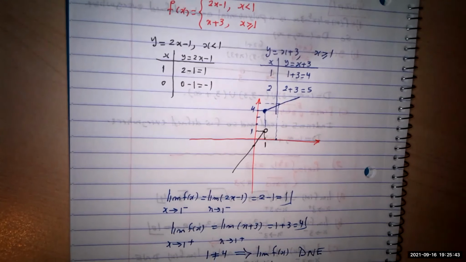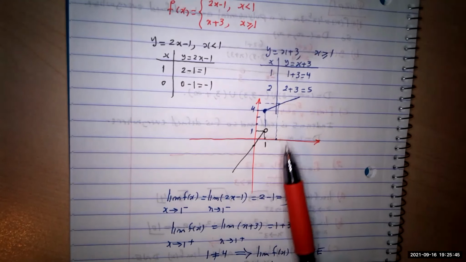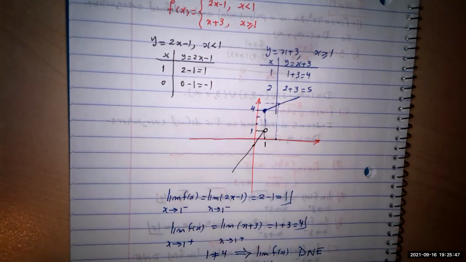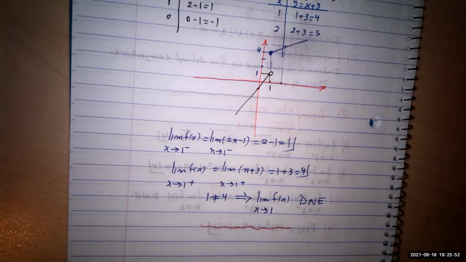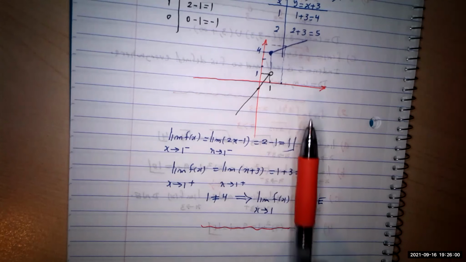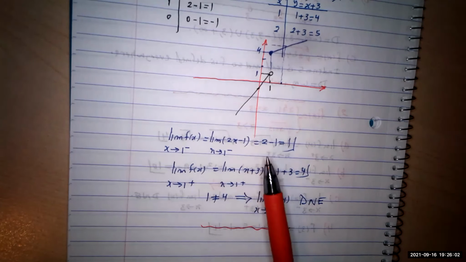They ask for the limit when x goes to 1. You see, because it's a two-portion function, you have to check the right and the left limits. Okay, that's one. Some of you didn't check it. You check only one side and you claim that the limit is 4. No, it's not. Since it's a piecewise function, you must know that you have to use the right and the left.